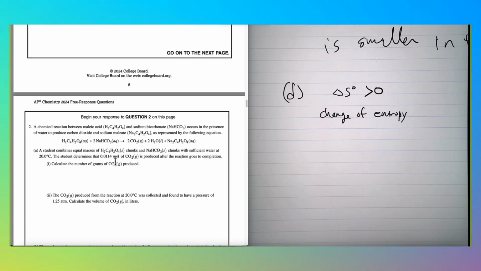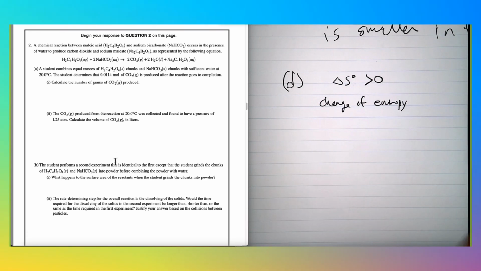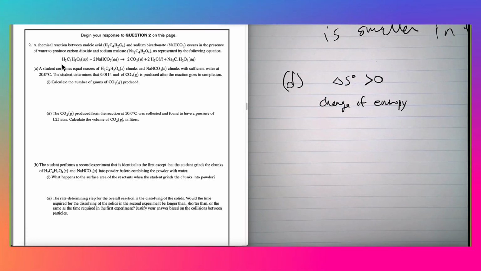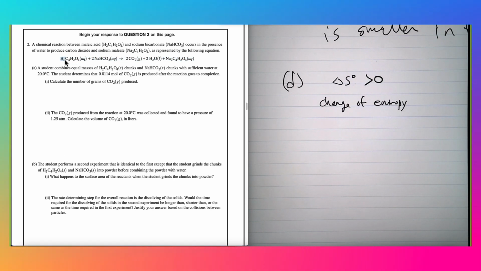Okay, so for that we need to look at the balanced reaction. So if you look here, we start with both aqueous, and then we end up getting the gas. And not only that, we do get more moles, but College Board doesn't seem to care about that.